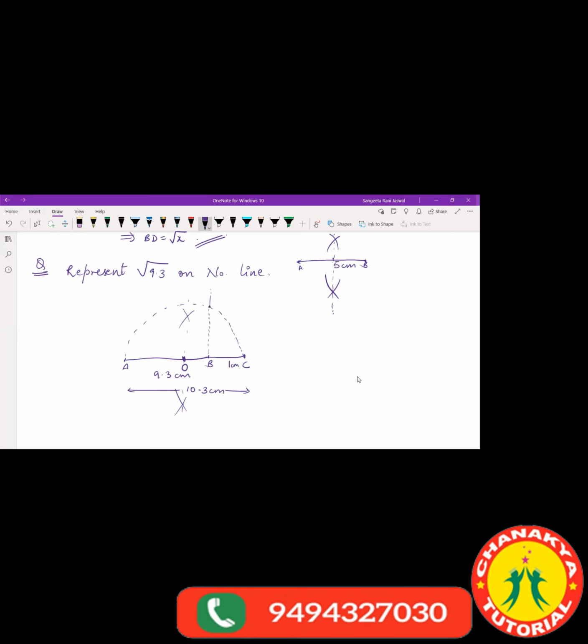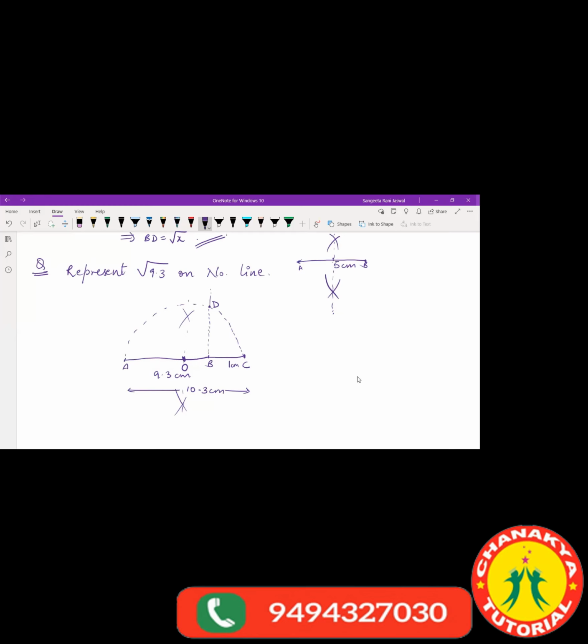So this point is taken as D. Understood this much? Draw a perpendicular line from A which touches the circle at D. Okay? I hope everyone is understanding. Please show your thumbs up if you're understanding. Otherwise, I'll keep explaining this only.